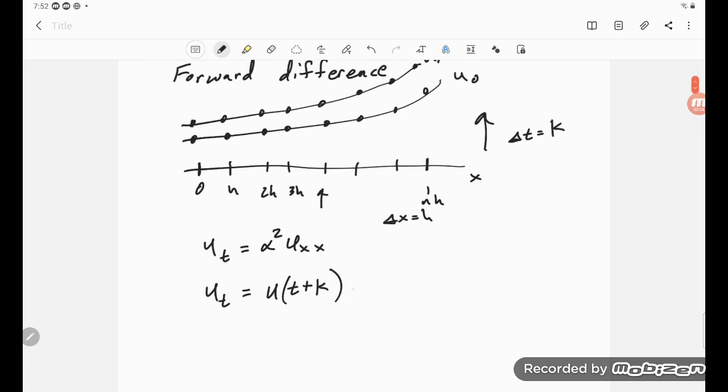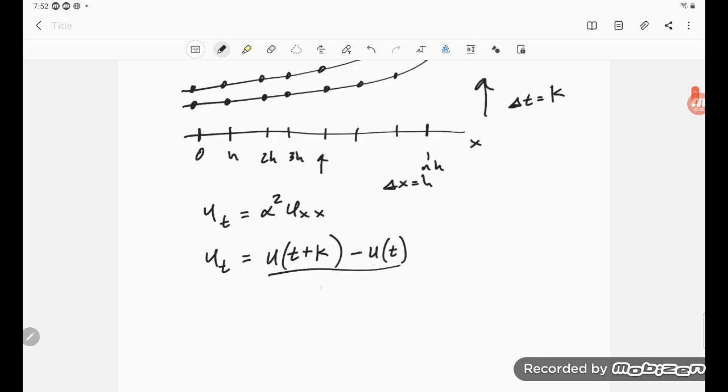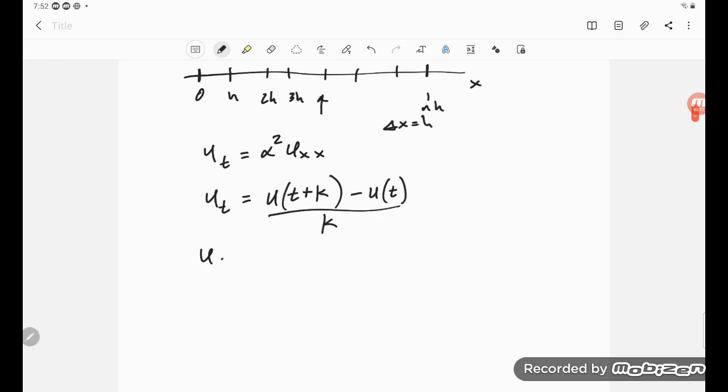So a forward difference, again, would be something like this: u of t plus k minus u of t, over k. Okay, and u sub xx, oops, forgot my x's here, so we've got an x. Okay, so that's our partial with respect to t.